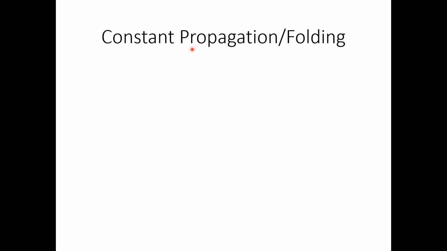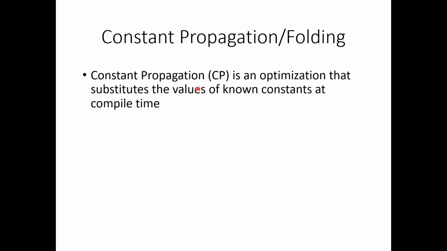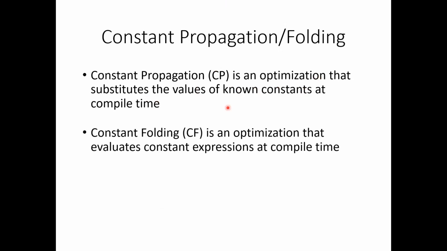So constant propagation is where if I have a constant, I start plugging it into wherever it is used. Okay. So constant propagation is an optimization that substitutes the values of known constants at compile time. What about constant folding? Constant folding is used with constant propagation. And constant folding is if I have an expression where all the operands of that expression are constants, I can evaluate that expression at compile time.